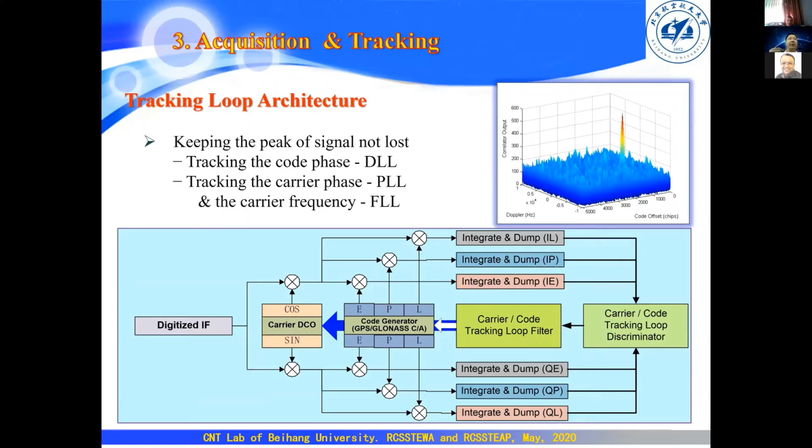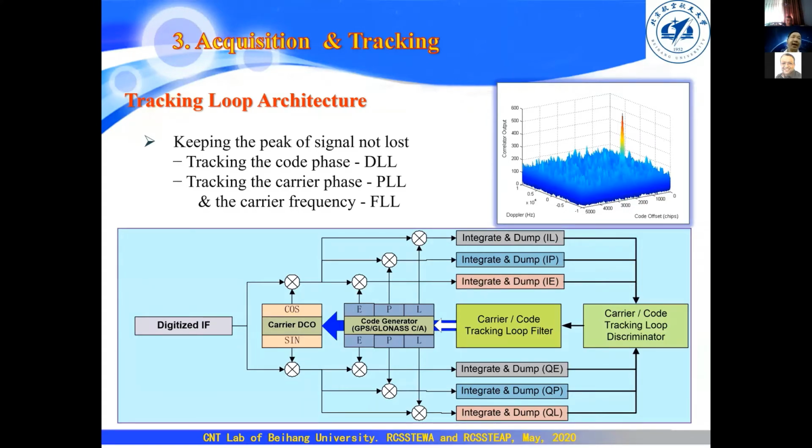Maybe you have experience with this. For example, when you listen to FM radio, sometimes the frequency drifts a little bit, and you need to tune the frequency to make the signal good enough.